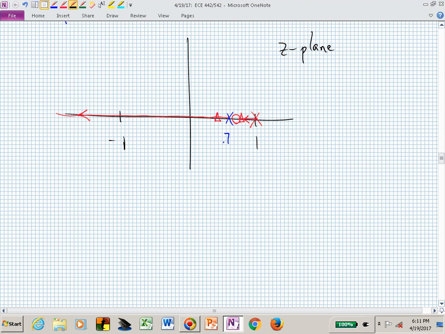What's that do for us? Now our pole, true system, is at 0.8. We put a pole at z equal 1, and where was our 0? 0.75. Now what's this root locus look like?